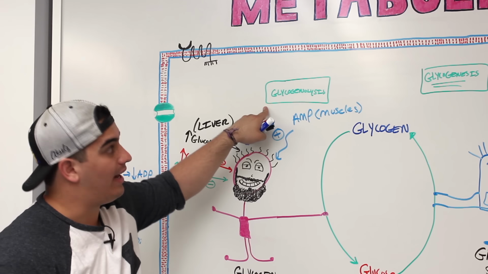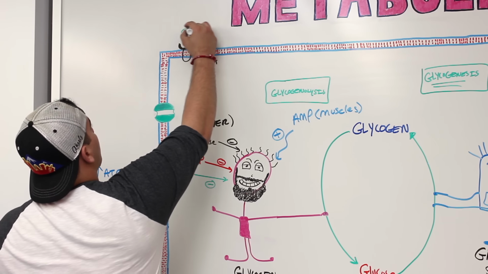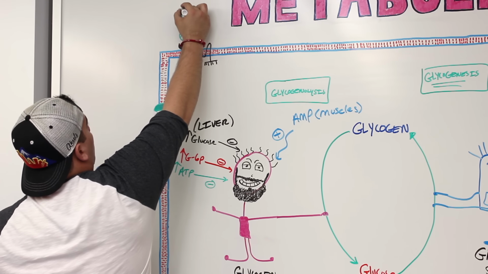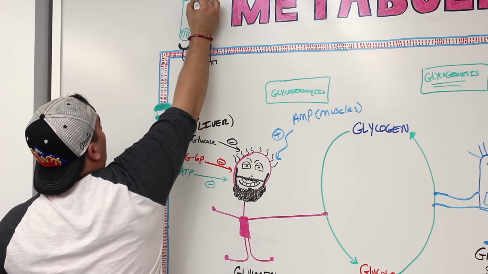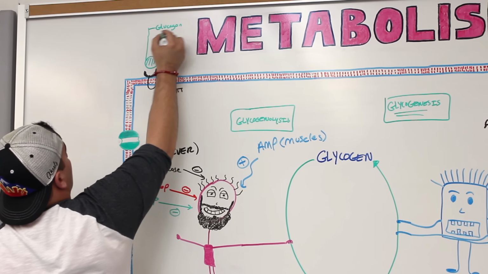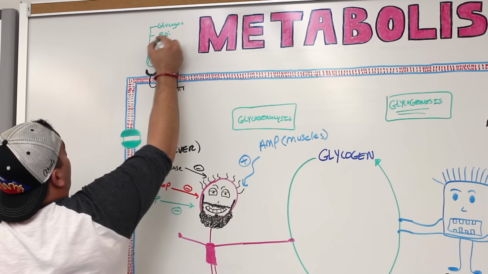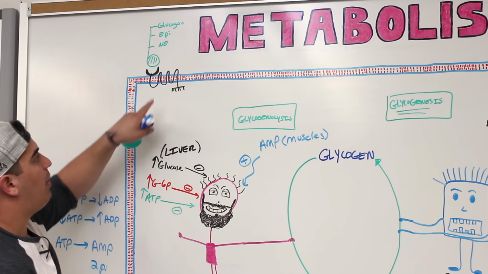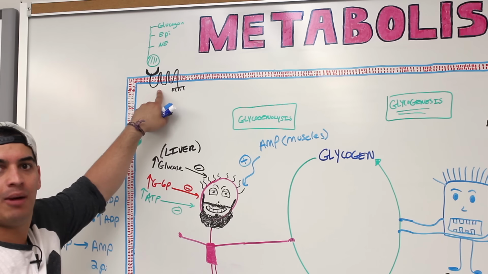I told you that we would come back to that. Now it's time. So who are the molecules that can bind here? It could be a plethora of molecules. This could be glucagon. This could be epinephrine. This could be norepinephrine. Any of these molecules, and it's binding onto these G protein coupled receptors.